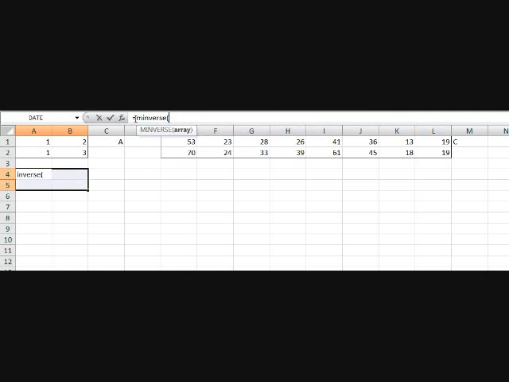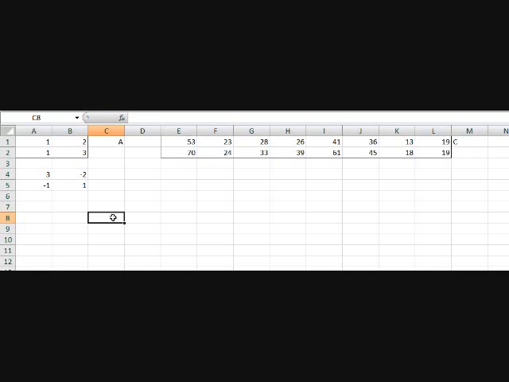We're going to open up the parentheses, and you see here it says array, so we're going to highlight those 4 numbers in the array. That's what we're trying to invert, and we close parentheses. And then this is a very important step. We don't just hit enter, we hit Control Shift Enter, and that in the gray shaded box here is the inverse of this matrix up here.